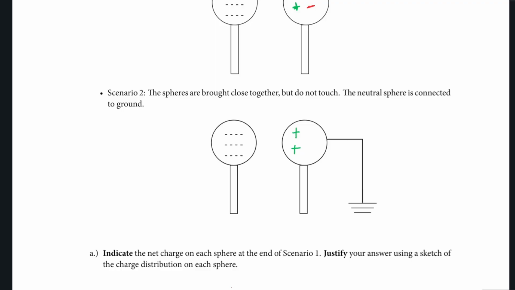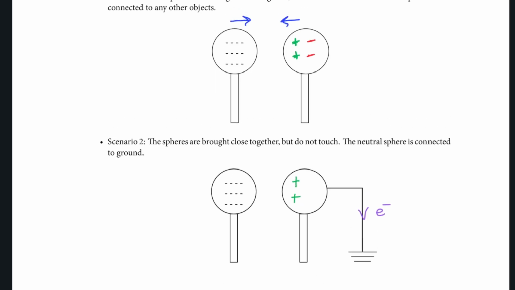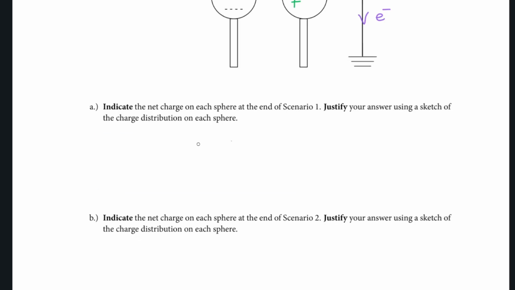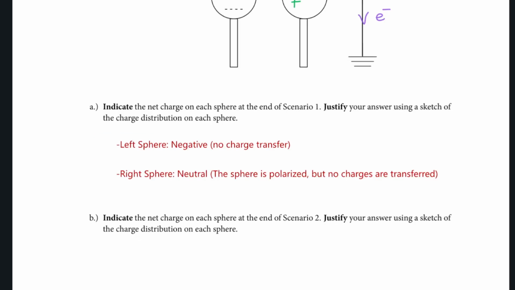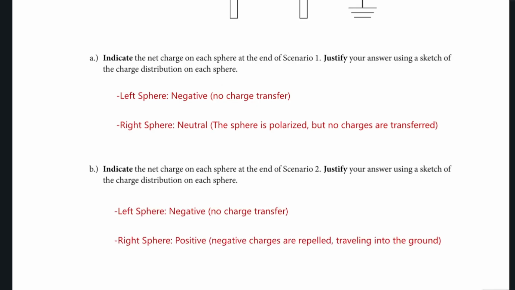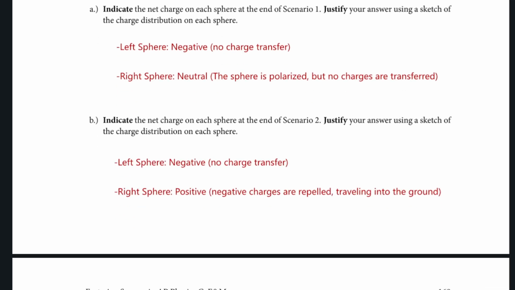So the electrons totally get scared into the ground, and we get a net positive charge on the sphere. This is, again, one way that we can actually change the charge on an object, because we connected it to something else. So in scenario 1, the right sphere becomes neutral, and in scenario 2, the right sphere becomes positively charged.